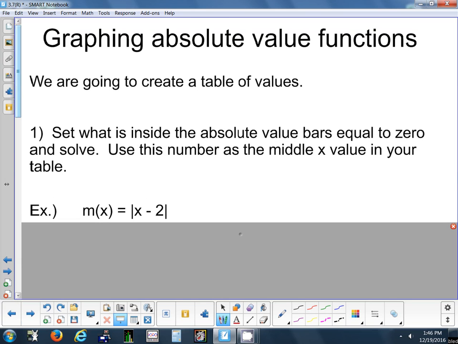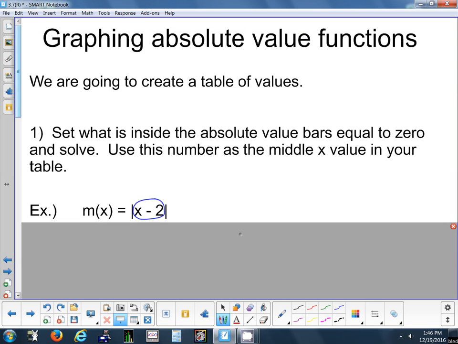So you'll have the words, the description of each step, and you'll also have a visual so you can see what happens. Okay, so step 1 says set what is inside the bars equal to 0. What I'm circling in blue right there, that's what's inside the bars, x minus 2.